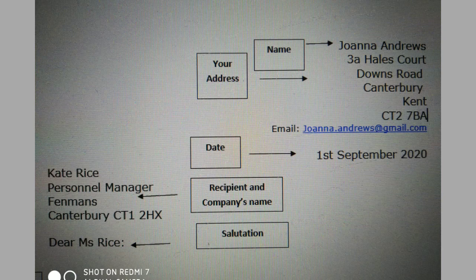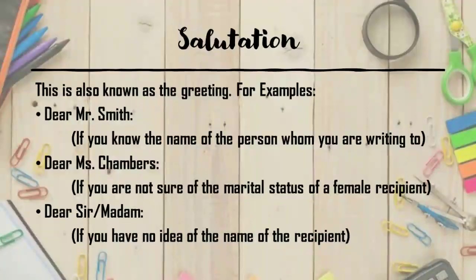Next, we have the salutation. Here in the letter, it is written, "Dear Miss Rice." Salutation is also known as the greeting. For examples, "Dear Mr. Smith." You can use this if you know the name of the person whom you are writing to. Next, "Dear Miss Chambers."